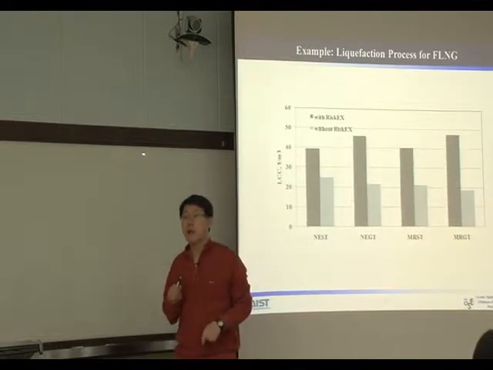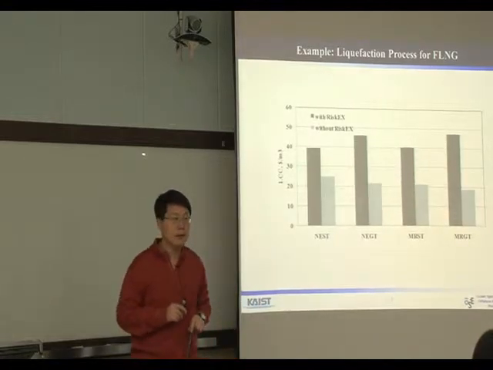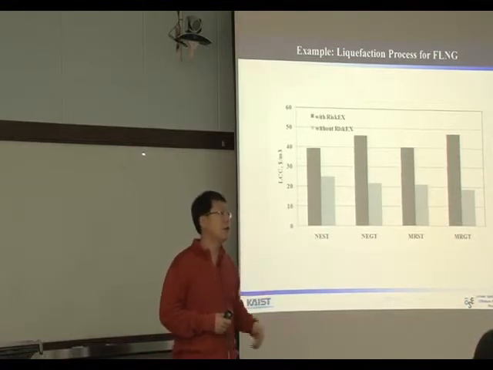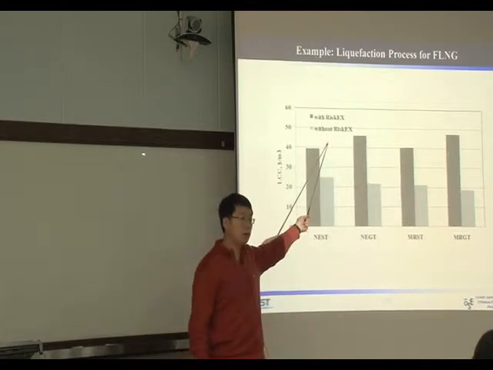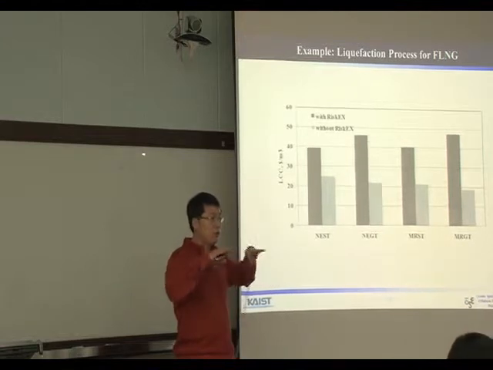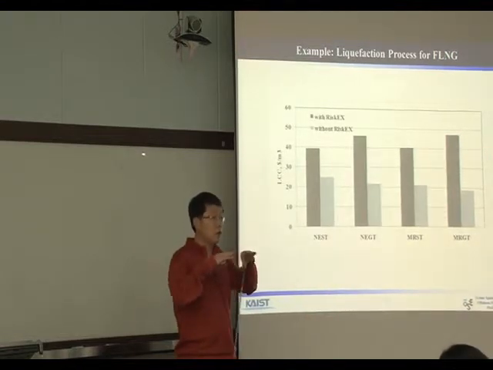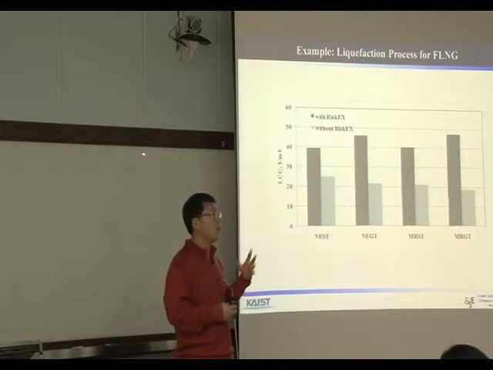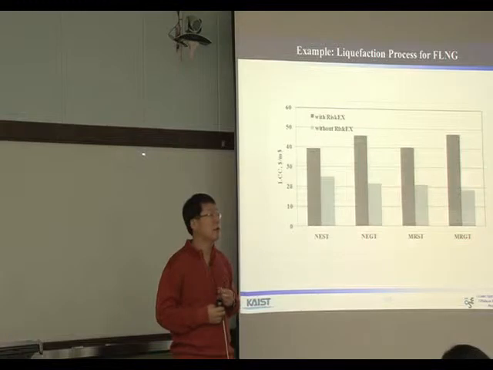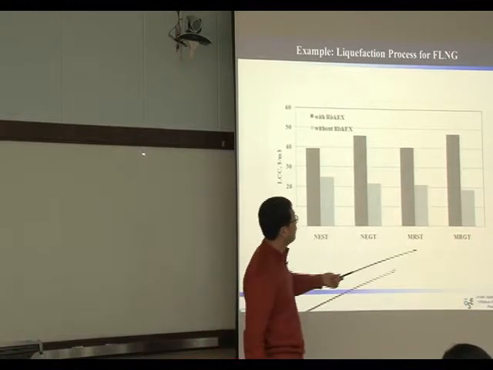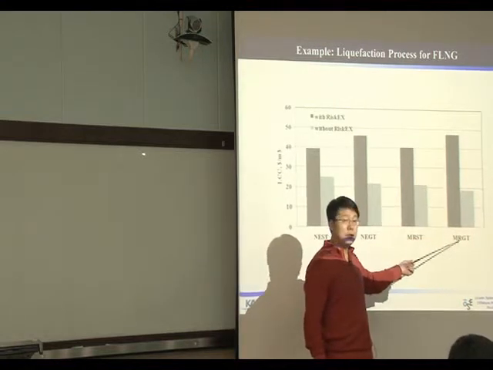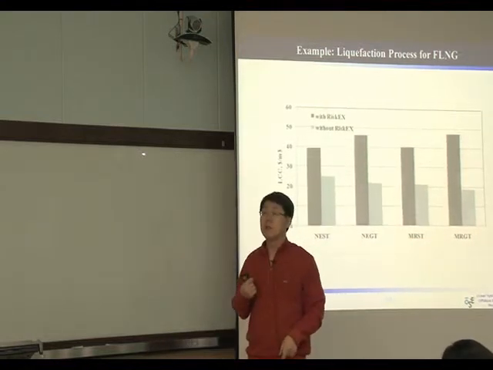So what I wanted to talk about is that the life cycle cost can be increased if we consider the equipment failure and accident, and the real life cycle cost with risk X can be different from the LCC without risk X. In this case, if we don't consider the risk X, MRGT seems to be the best.